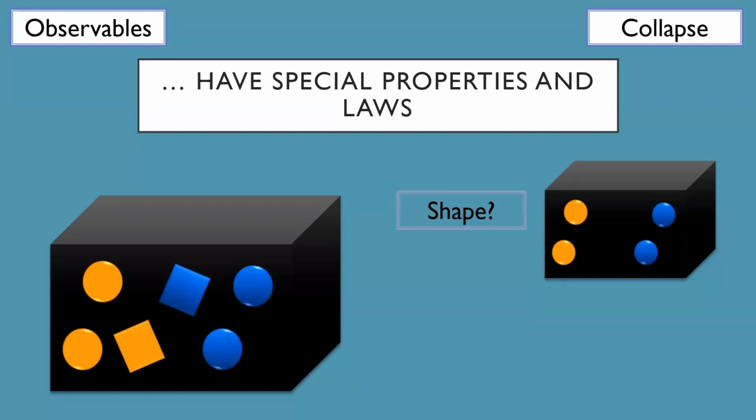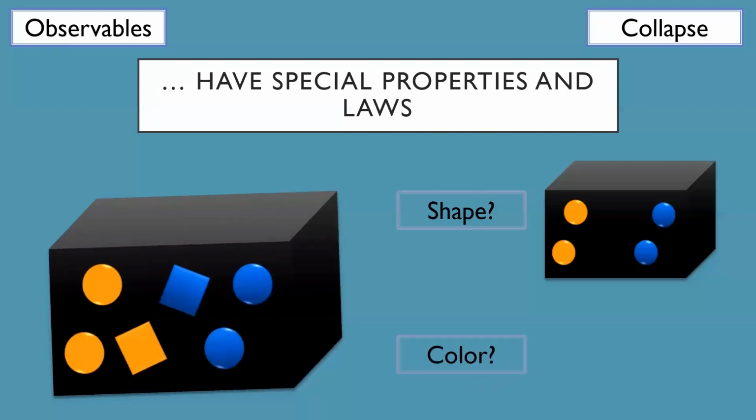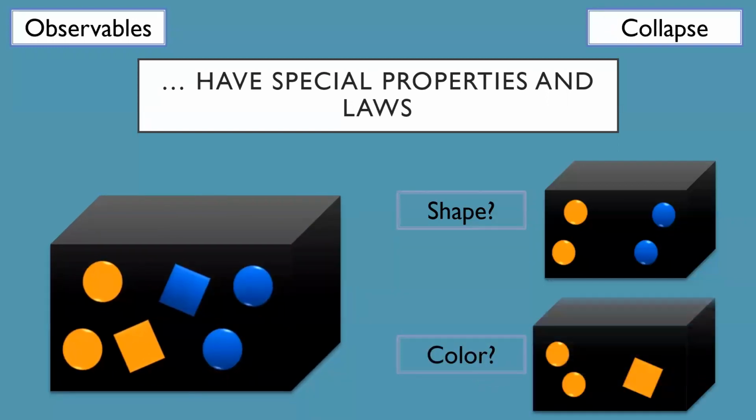If instead we asked what is the color of the object and we do our measurement, we have another kind of collapse, a collapse with 1/2 probability on the orange kind of objects. Of course, if after this we redo a shape question, we collapse only on the 2 rounds.